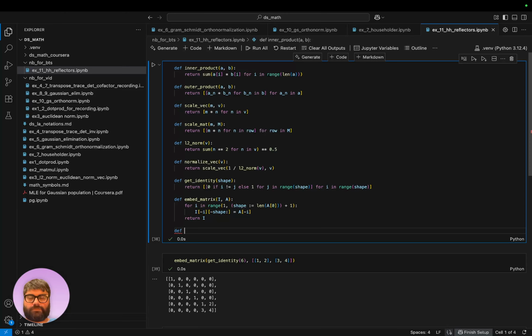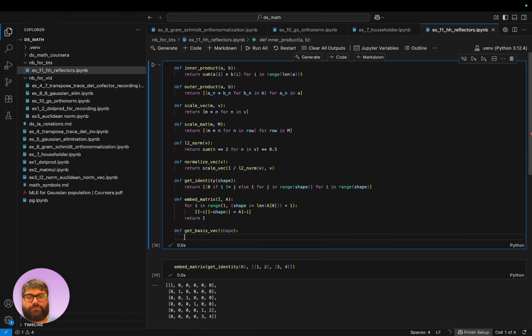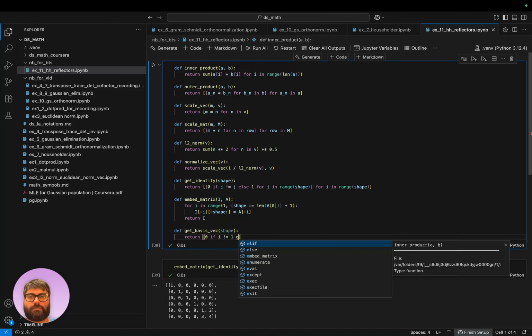Let's also get basis vectors, which we will just take unit vector for. Return zero if I not equals one.